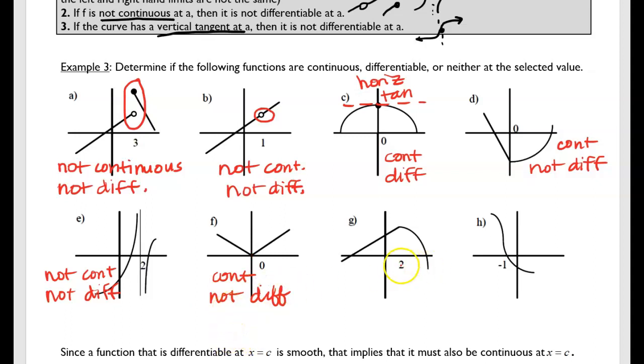On G, at x equals 2, my graph is continuous. I don't have any breaks or anything like that. However, I do have that sharp turn at 2, so this is not differentiable. And finally, H, I see that my graph is continuous. However, this is an example of that vertical tangent line. And automatically, when you see a vertical tangent line, you should know that it's not differentiable.